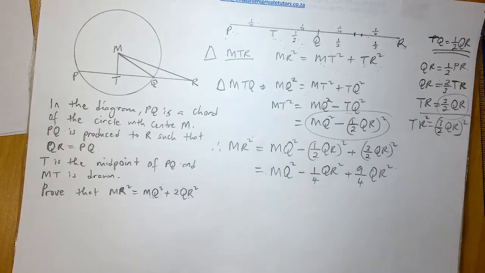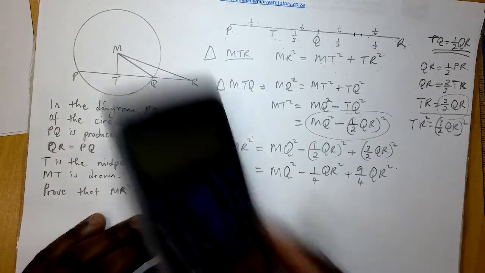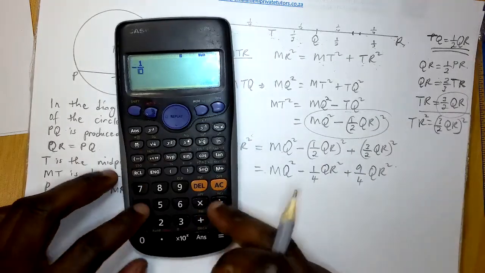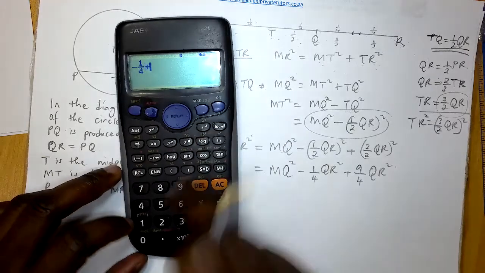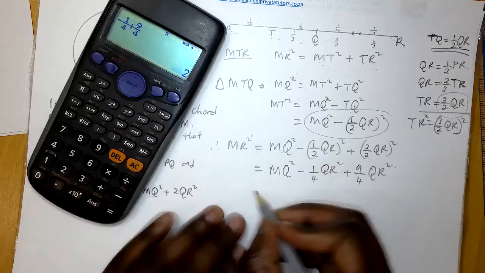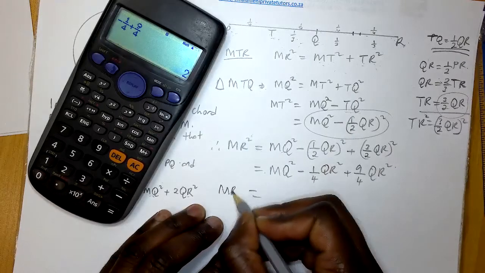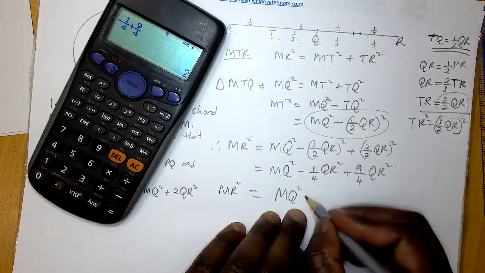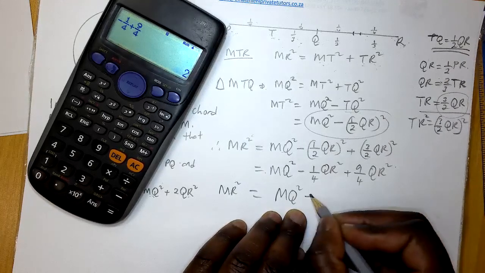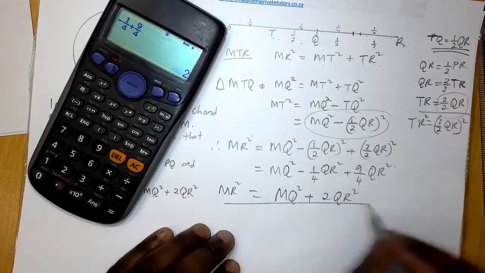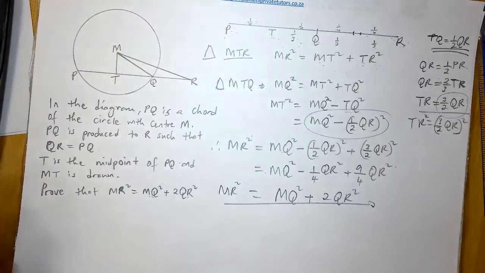If you punch into your calculator negative 1 over 4 plus 9 over 4, you get 2. So MR squared is MQ squared plus 2QR squared. So it's proved.